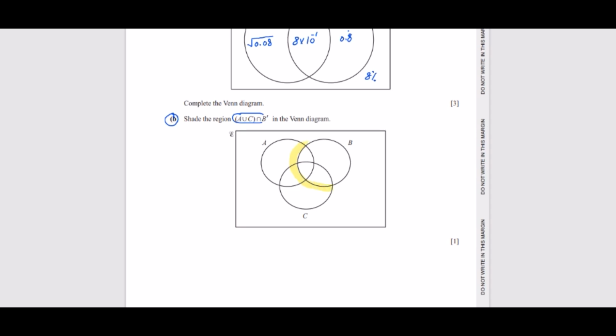Shaded these areas. Okay, so this is our final answer.